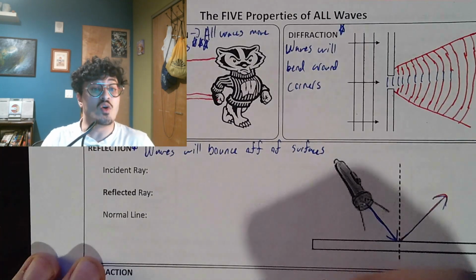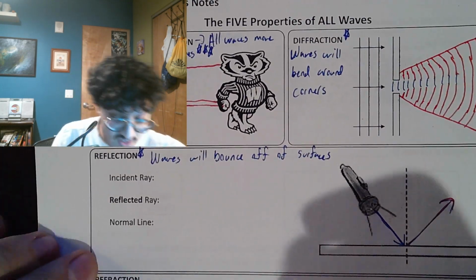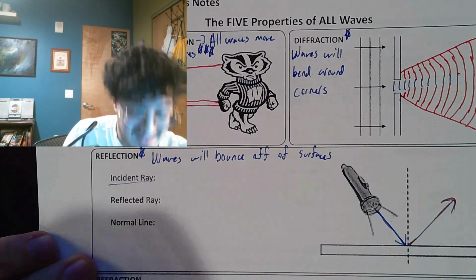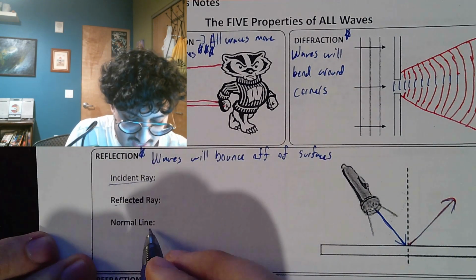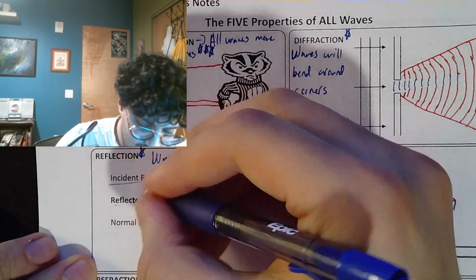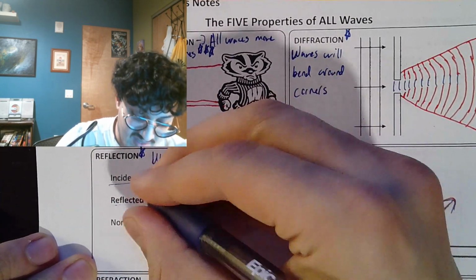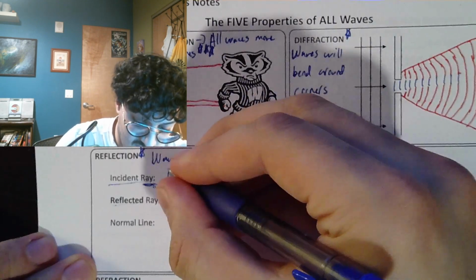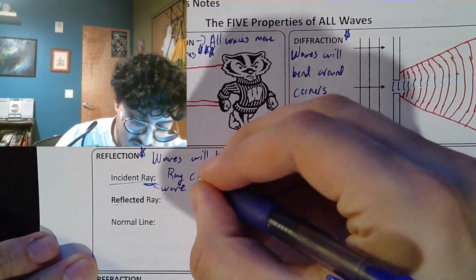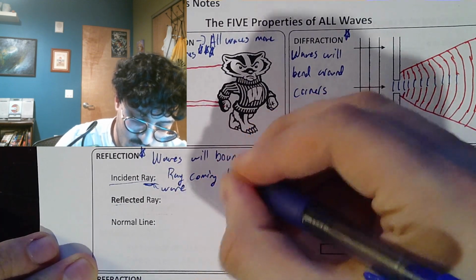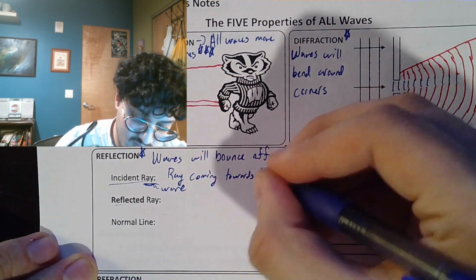We have some vocabulary words around reflection we want to be aware of. The incident ray, reflected ray, and normal line. Ray is just a fancy name for a wave. The incident ray is the ray coming towards the surface.